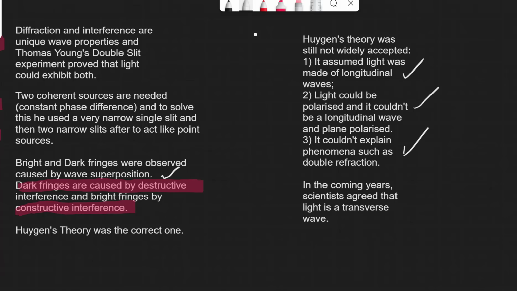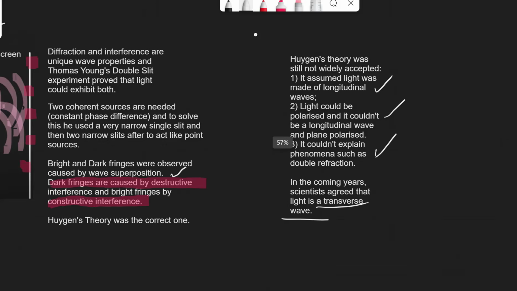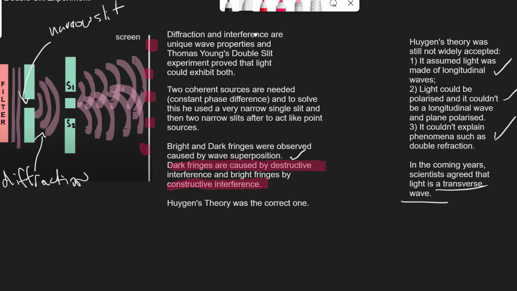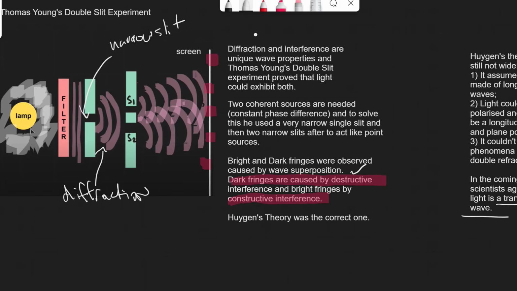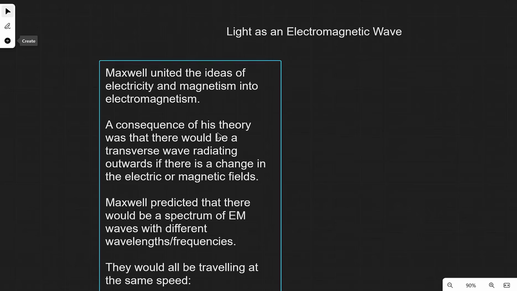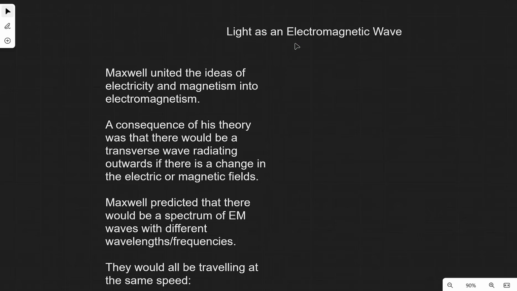However, in the coming years it became apparent that pretty much all of those experiments can be explained if light is a transverse wave, and pretty much straight after that Huygens' theory became the more widely accepted theory that light indeed has wave-like properties.